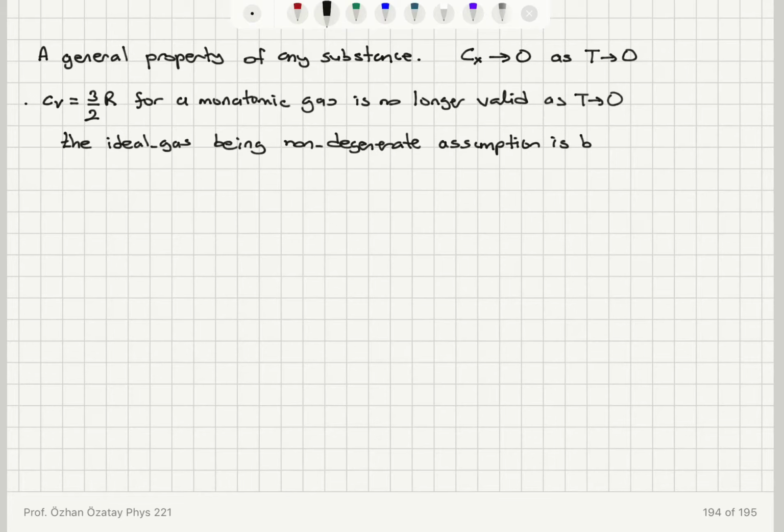So that's the main issue with the temperature independent molar specific heat for a monatomic gas. So let's keep these 2 points as a remark for us.